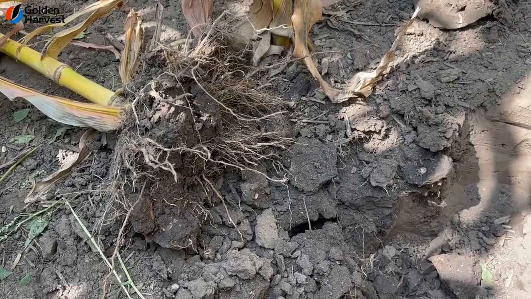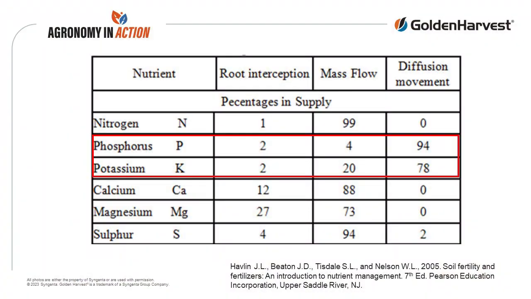When you think about a couple of our macronutrients, specifically phosphorus and potassium, we understand that 94% of the phosphorus and 78% of the potassium uptake through the plant via diffusion. That means that the nutrient has to cross a membrane from a high concentration to low concentration. That membrane is the plant root, or the corn plant root.